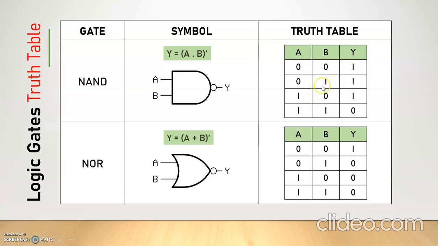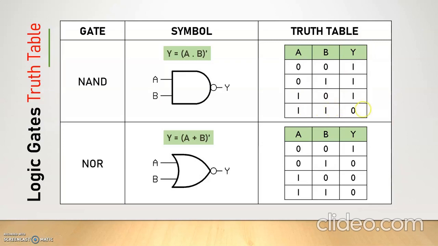For 0 and 1, we should get 0, right? But NOT 0 is 1. For 1 and 0, we should get 0, but now we apply NOT to it. NOT 0 is 1 also. And the last one here, 1 and 1, true and true. Now we should get true, but we apply NOT to that.